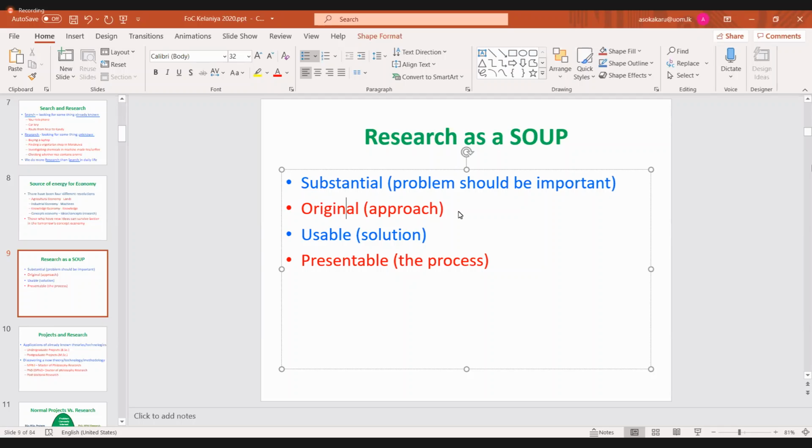Actually, here there is a point. In research, you better note that sometimes its usage doesn't come immediately.